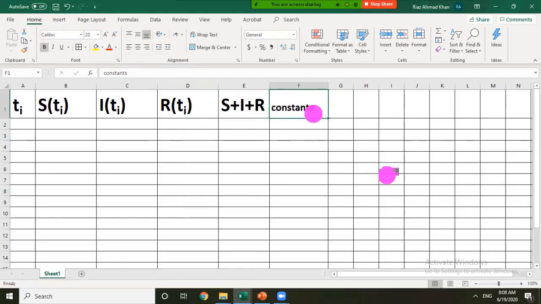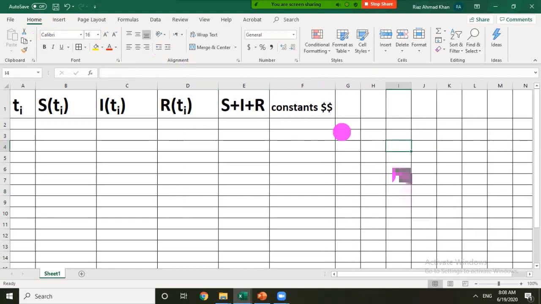Let us decrease its font size, and remember that I will use the dollar sign whenever I use these values in the formulas to be defined.